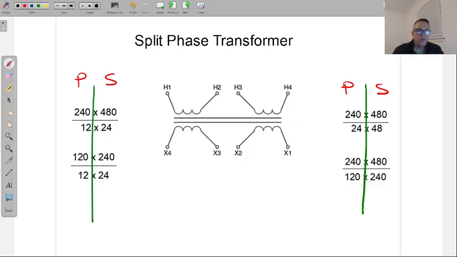But what does that actually mean? It means as it comes to the connections, here I'll write them. When we're connecting in parallel, we connect H1 to, I guess I'll do it this way, to H3.